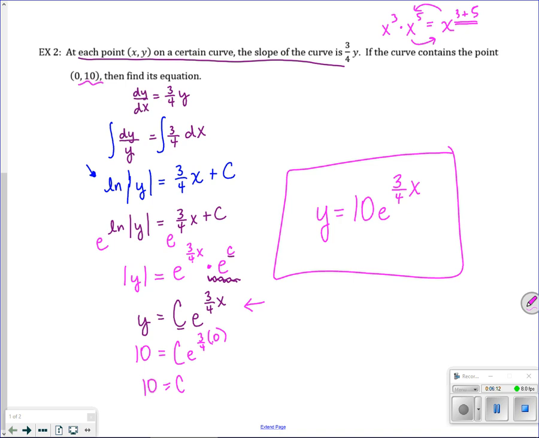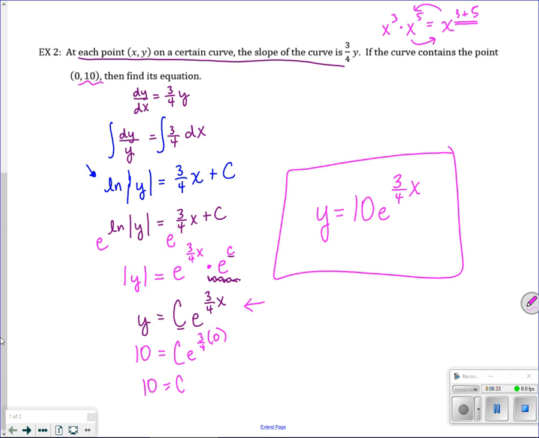That's going to be my equation. So that's the one time that I do not solve for C first. If I get a natural log on the left side there, I tend to do that e to the step and solve for y first.